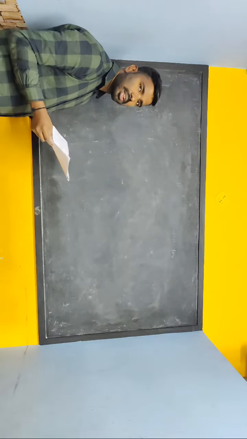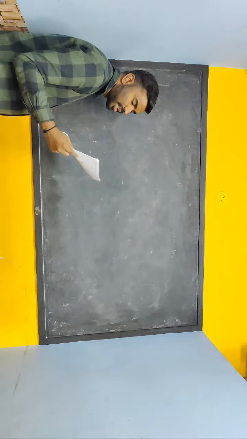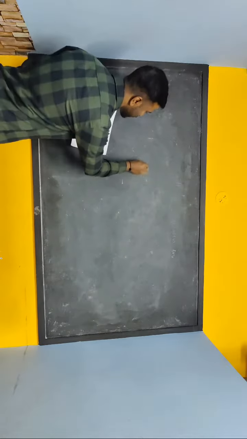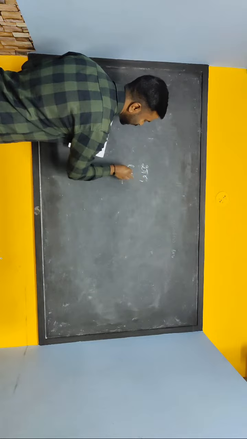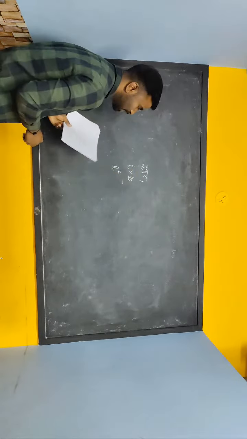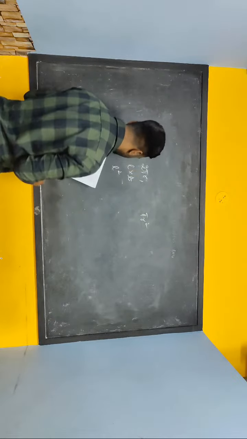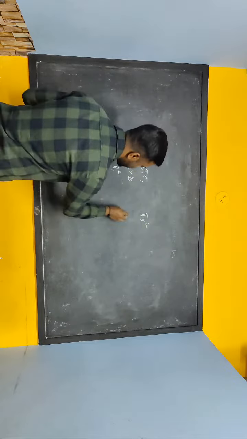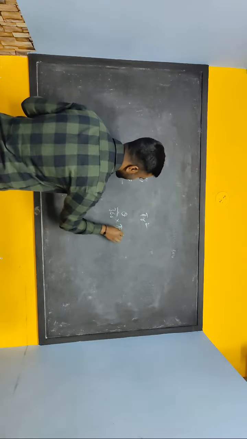Areas related to circles, at least you should know all the formulas. That is the circumference of the circle, 2 pi r; area of rectangle, L into B; area of square, L square, where L is the length; area of circle, pi r square. Then area of sector, theta by 360 into pi r square.